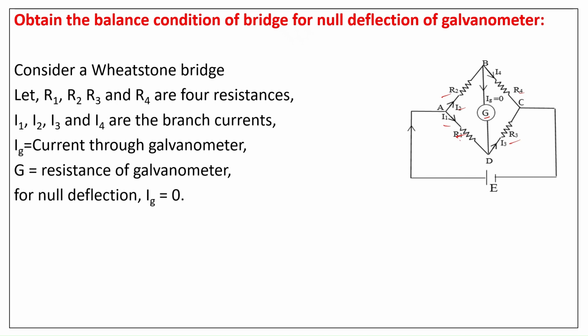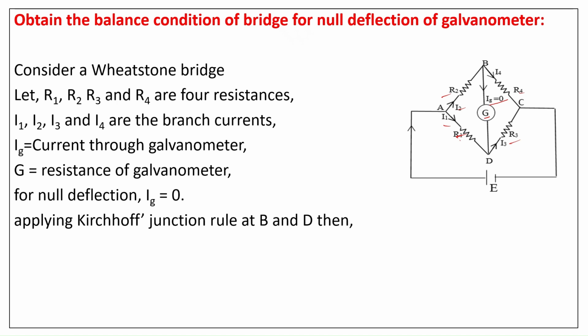For null deflection, IG = 0. Now applying Kirchhoff's junction rule at B and D, I2 = I4 and I1 = I3.